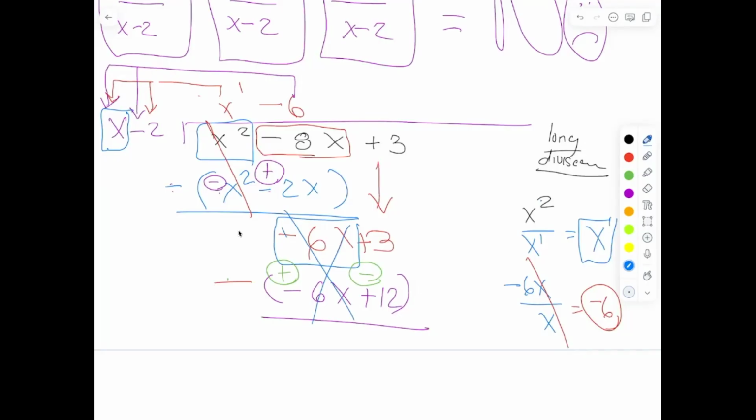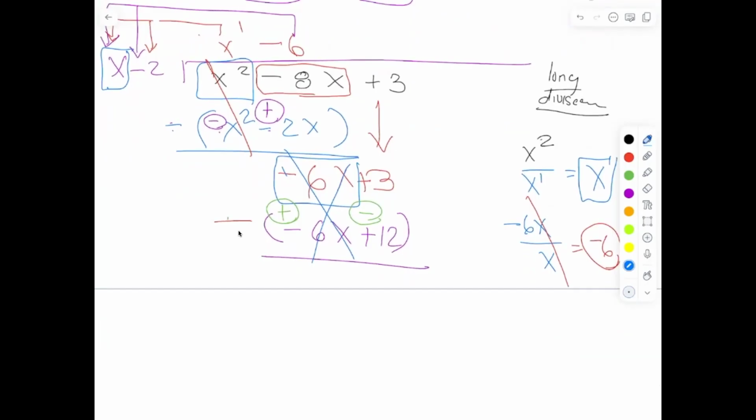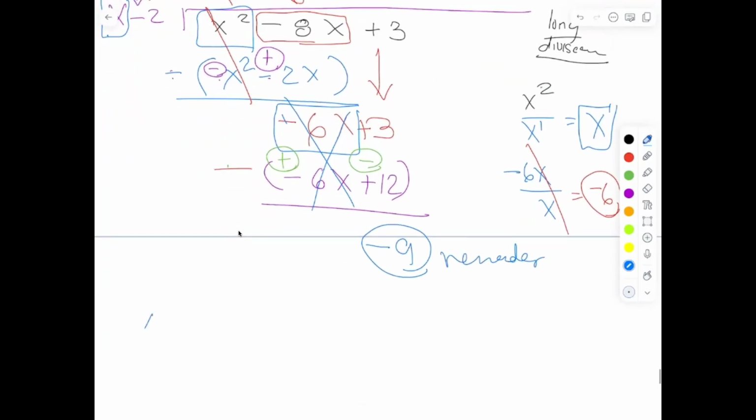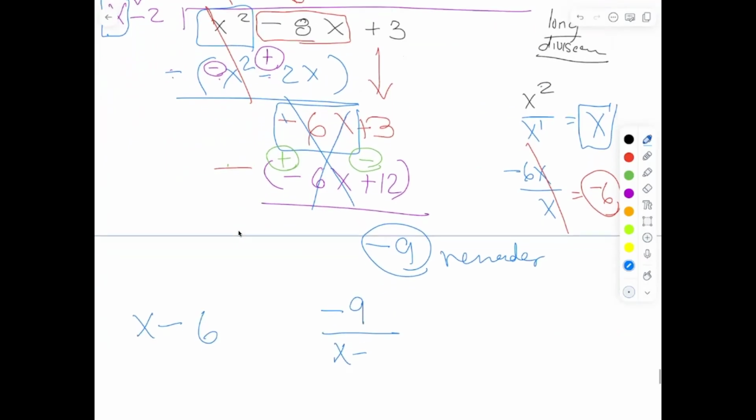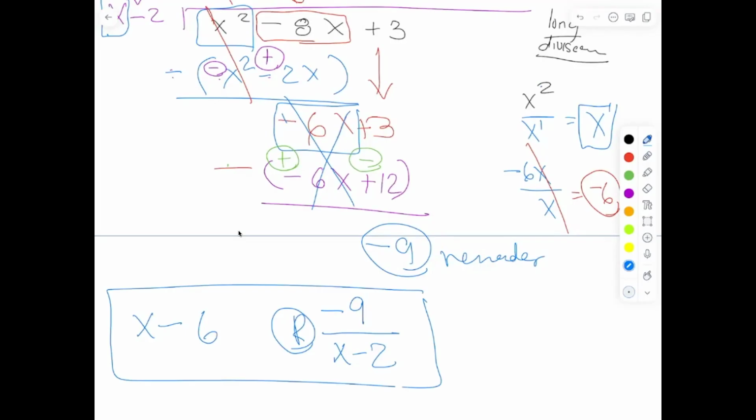And I have 3 minus 12. What is this? -9. This is my remainder. So my answer is going to be x minus 6, remainder -9 over x minus 2. This is my remainder. This is my final answer.